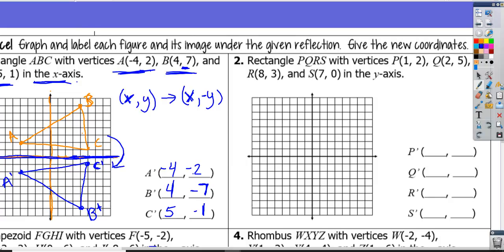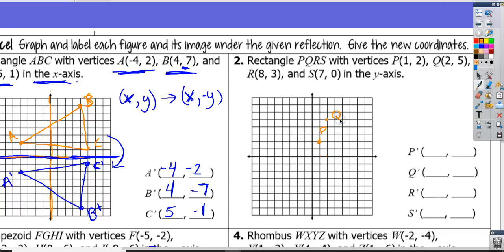Okay. So rectangle PQRS with vertices P(1, 2), Q(2, 5), R(8, 3), and S(7, 0) in the y-axis. All right, so I'm going to do my pre-image in orange again. So I'm going to do 1, 2. So over 1, up 2. Label it, that's P. Q is 2, 5, so 1, 2, 1, 2, 3, 4, 5.